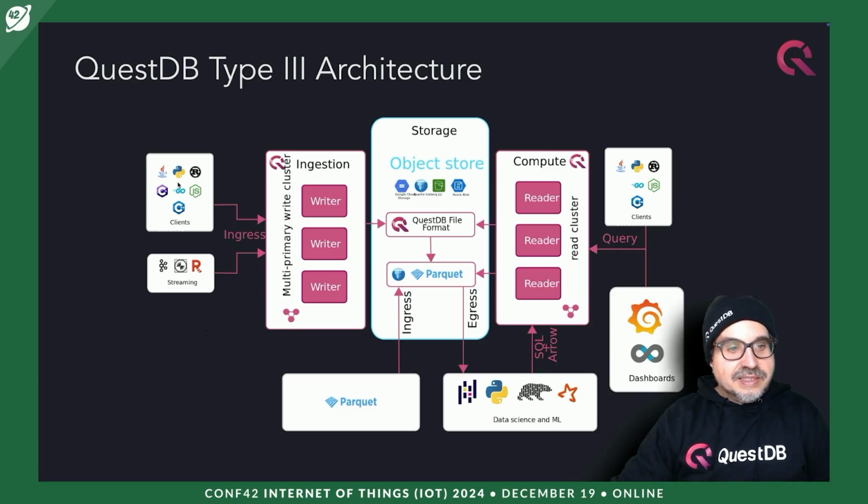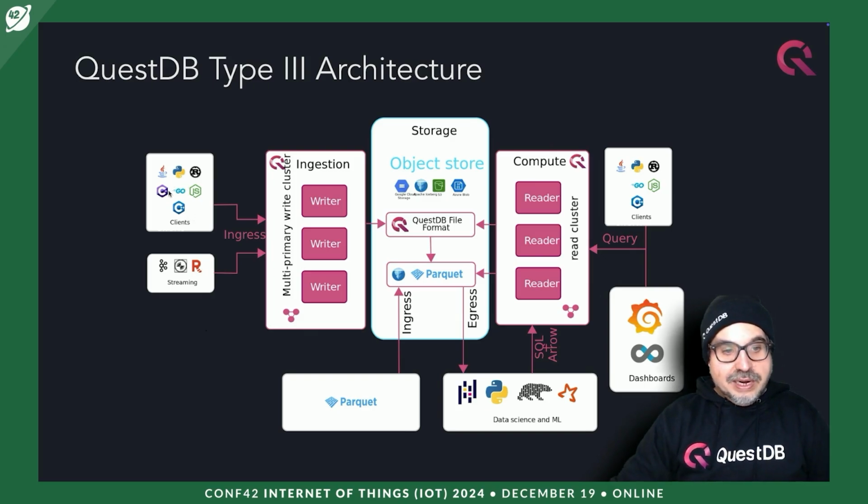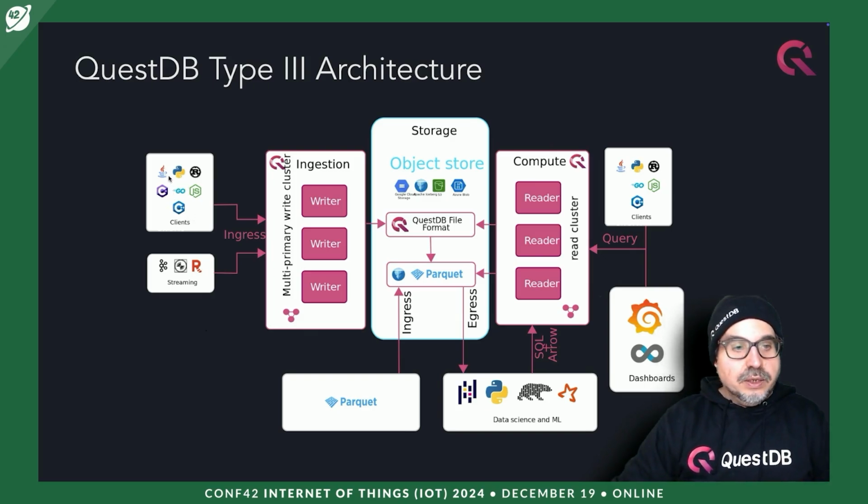You can ingest data using streaming systems like Red Panda or Kafka or Confluent, whatever you are using. You can ingest data using the client libraries or the Influx line protocol. You can also ingest data if you want from CSV.